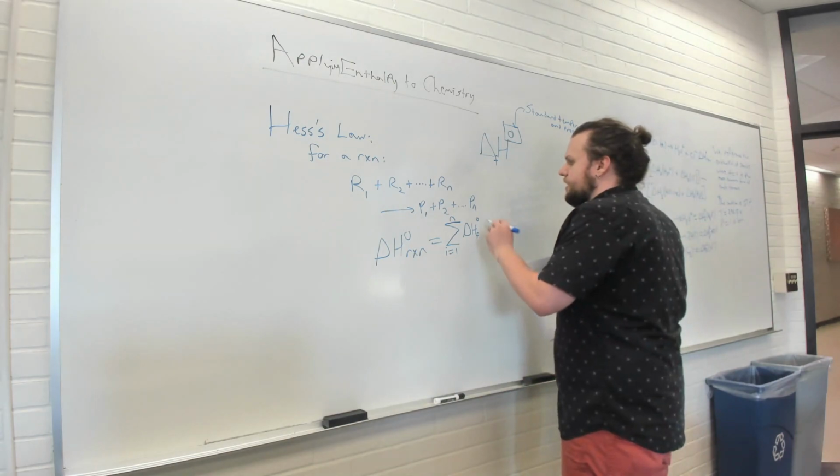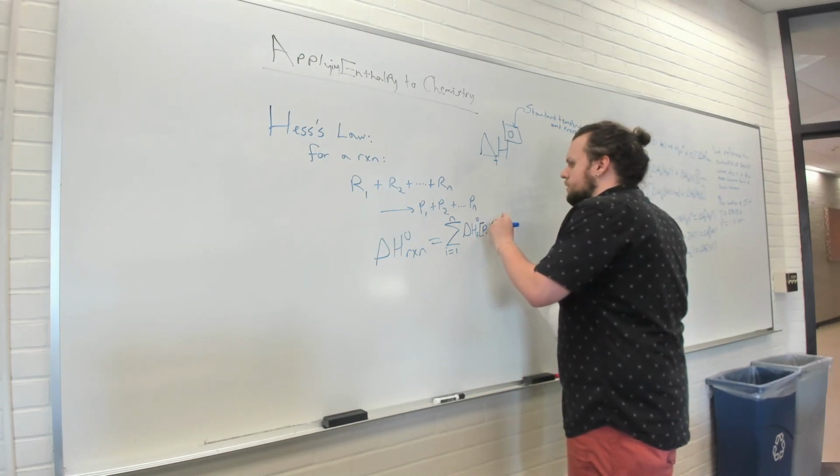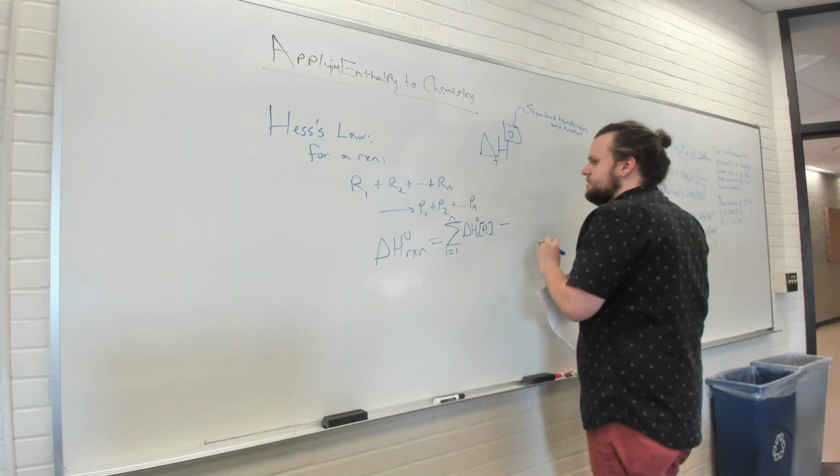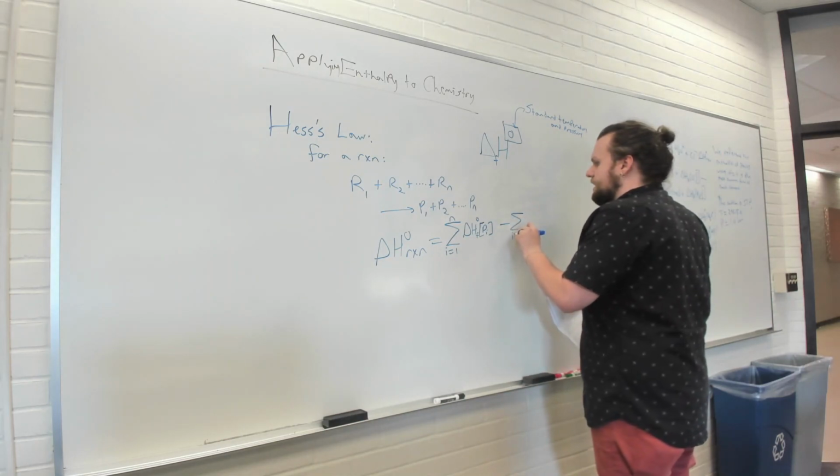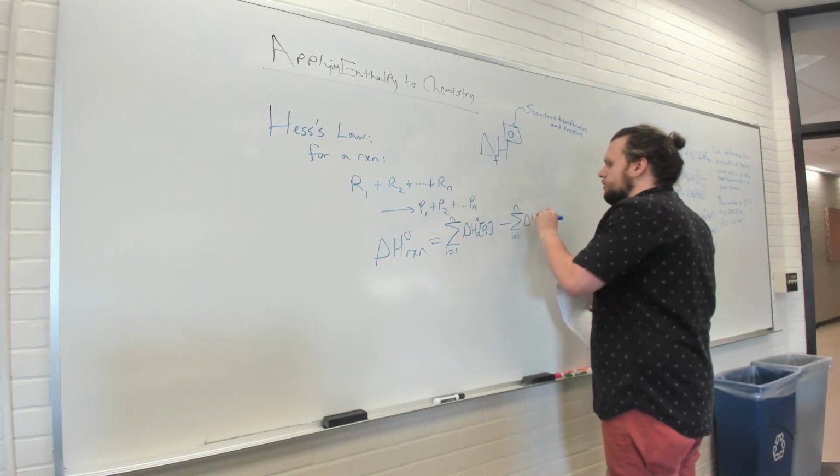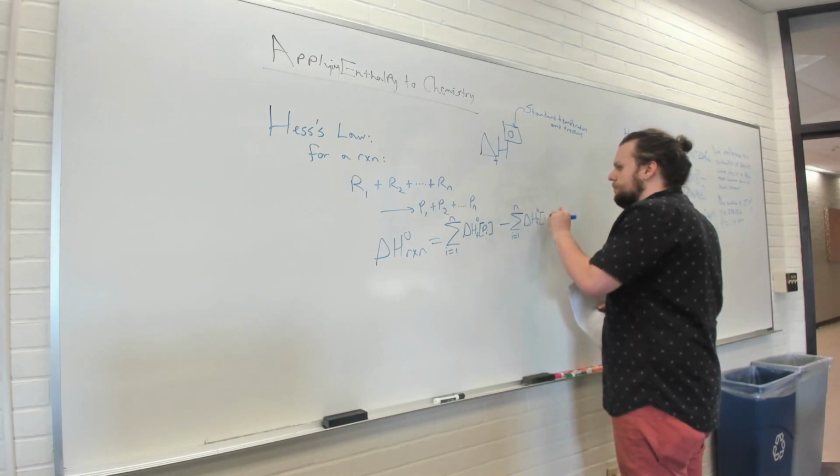I'll write it like this instead. P sub I, the products, minus the sum of I equals 1 to N, the enthalpies of formation of the reactants.